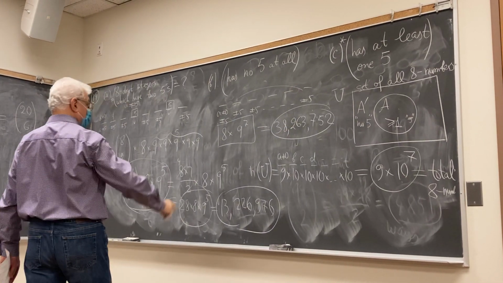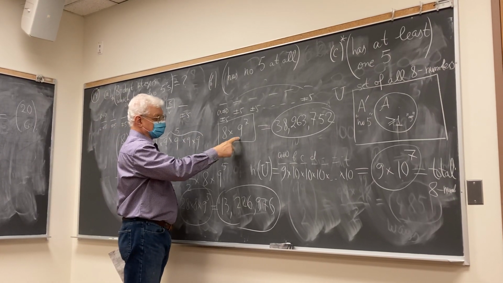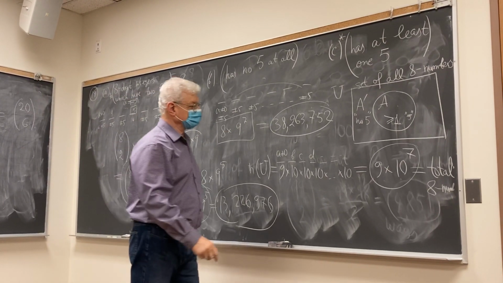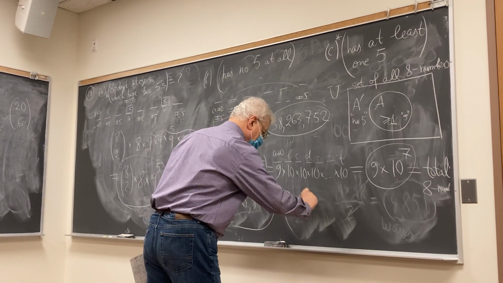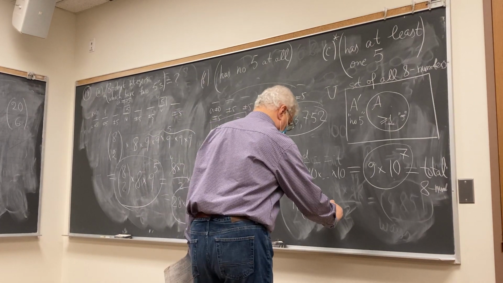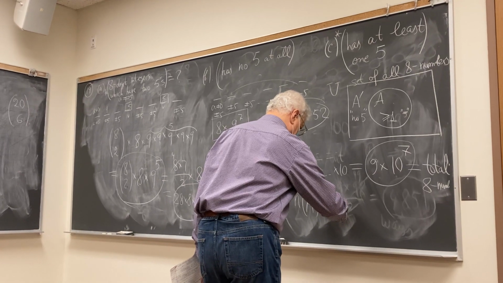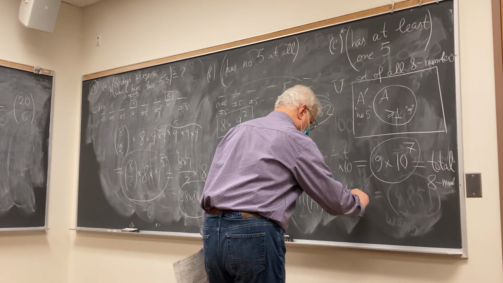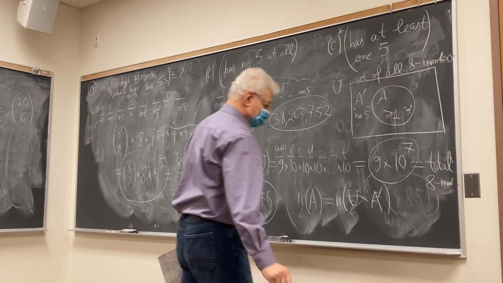And no 5, we already calculated in part B. No 5 is 8 times 9 to the 7. So therefore, what we want to find, n of A, is n of U minus n of A prime, right?